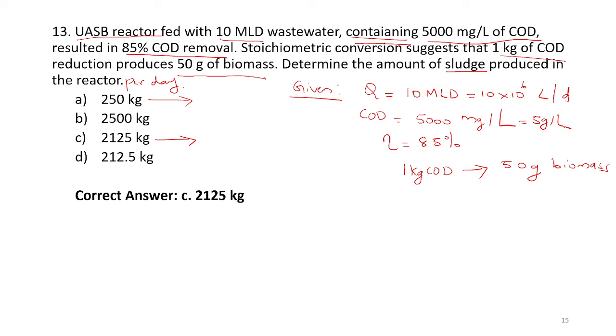Per day, here you have to treat 10 into 10 raised to 6 liters per day, into, for 1 liter it is 5 gram of COD, 5 gram per liter. So the total COD coming into the USB is 50 into 10 raised to 6 gram per day. We can convert it into kg.